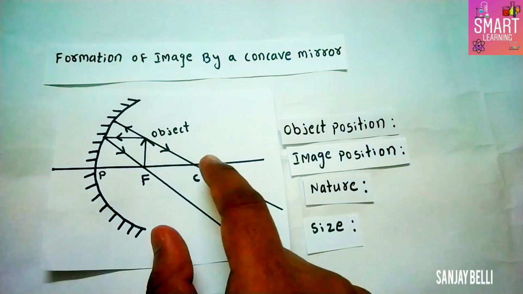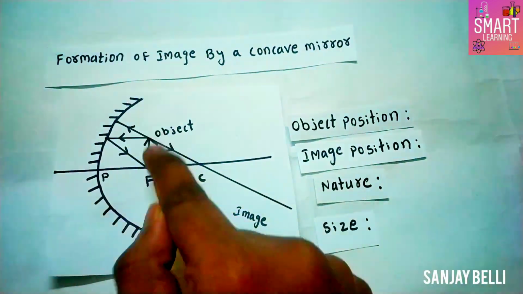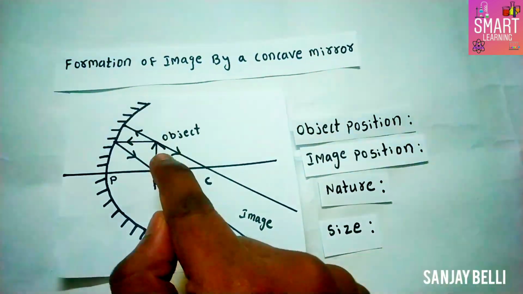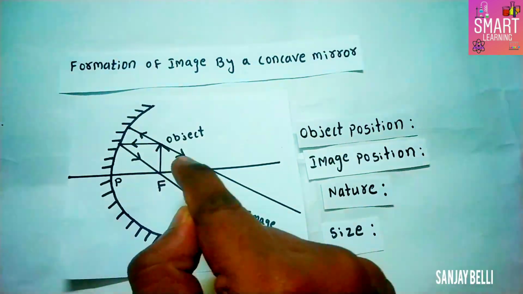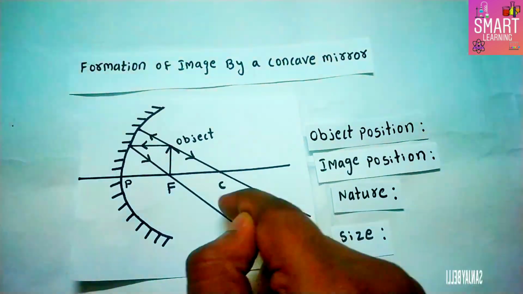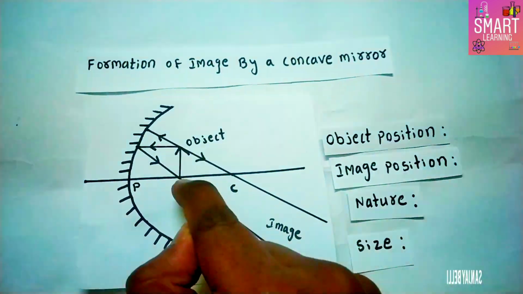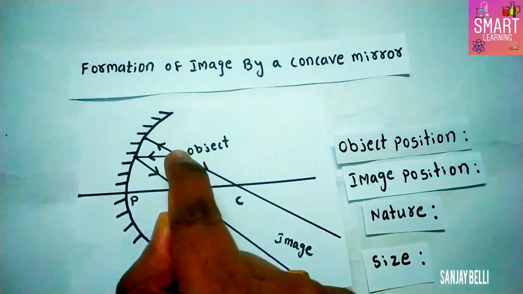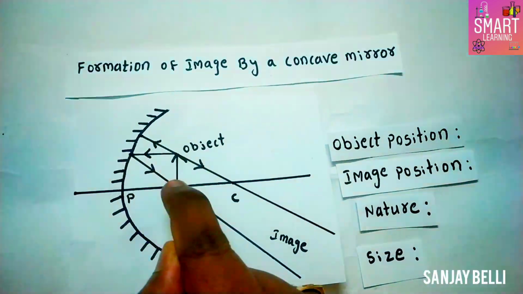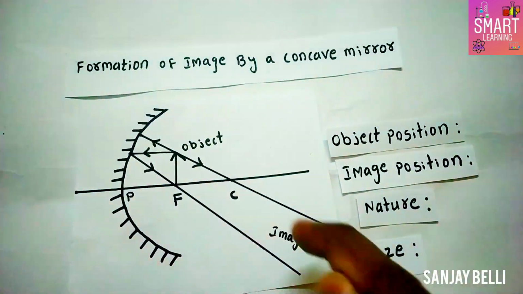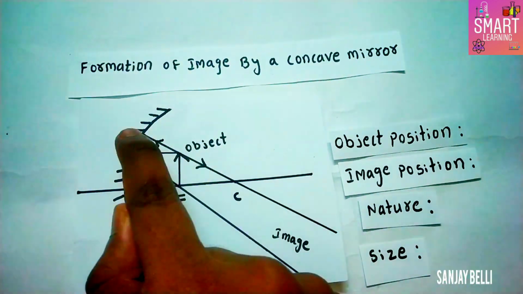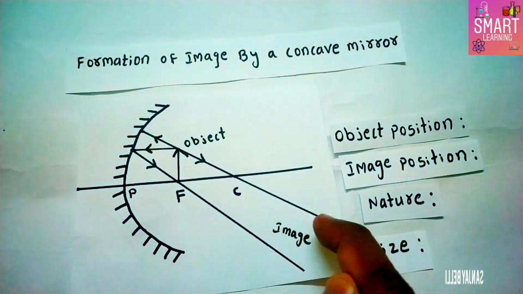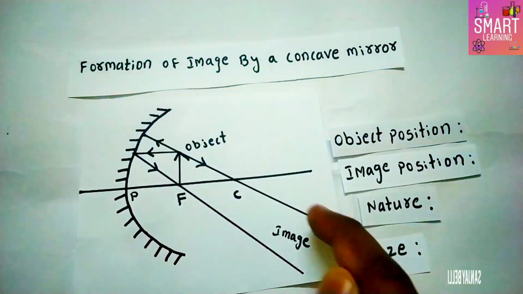Next I am placing the object on F. Here you see, this time I used rule 1 and rule 3. The object is placed on F. First rule: parallel to the principal axis, passes through the focal point. Rule 3: passes through the center of curvature and reflects through the center of curvature.